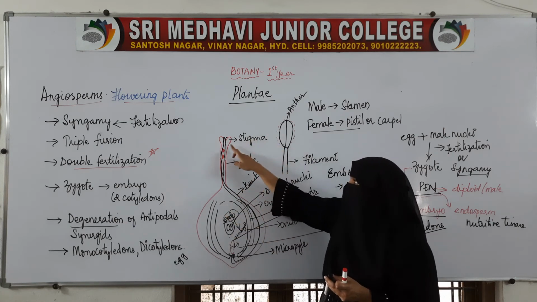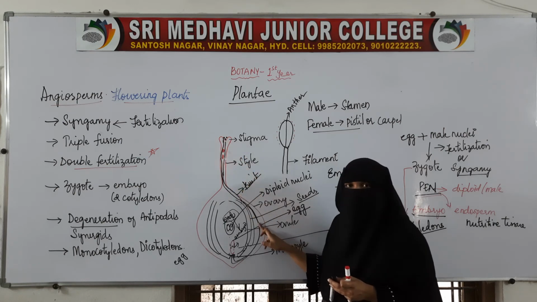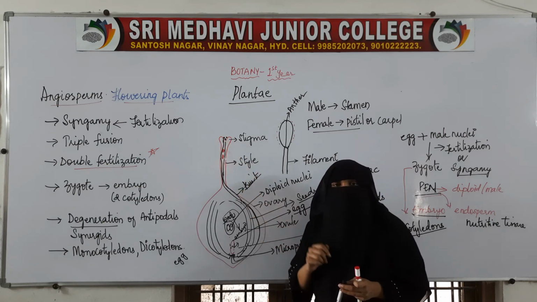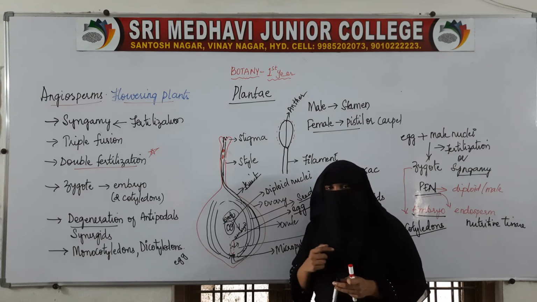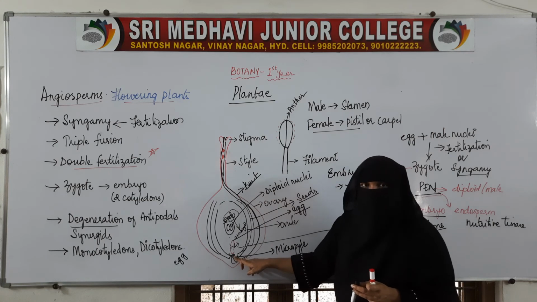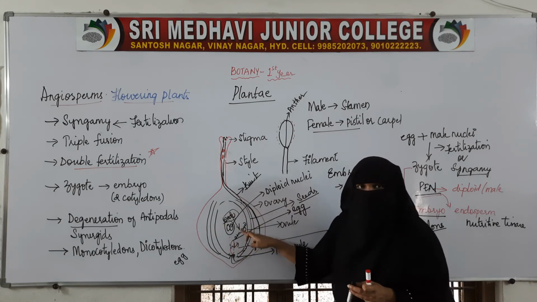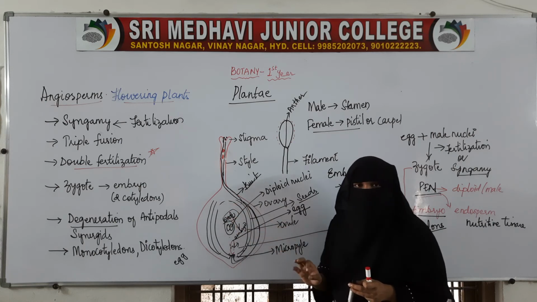The male gamete, that is the pollen grain, will transfer to the stigma. The pollen grain will release a pollen tube. Inside the pollen tube, two male gametes, or two male nuclei, will be present. They come near the embryo sac inside the ovule. The embryo sac will have 7 cells.